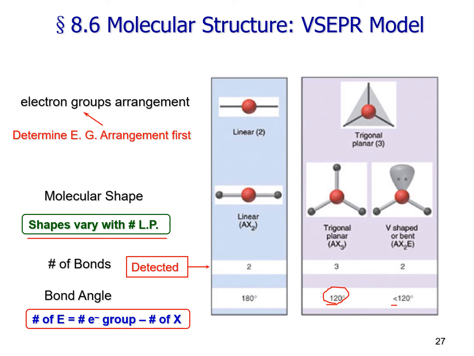So that is the reason why shapes vary with the number of lone pairs. But lone pair or not, a lone pair itself should be counted as an electron group. That is the reason why, don't forget, we determine the electron group arrangement first.